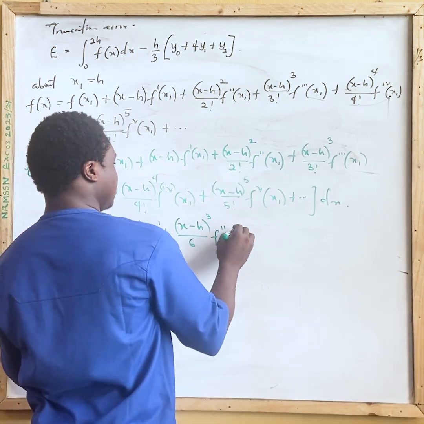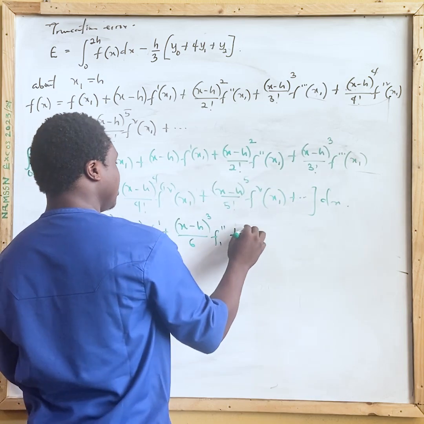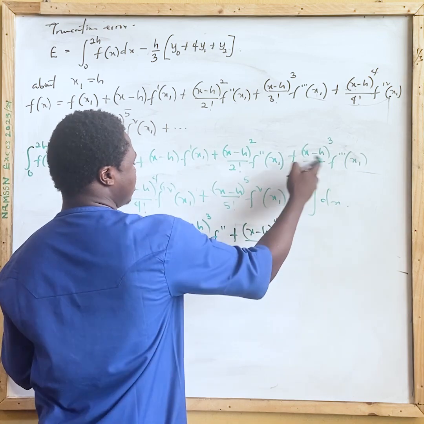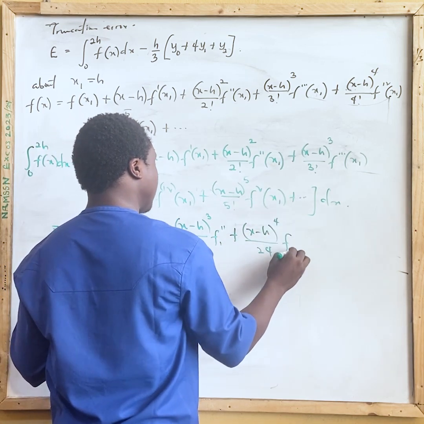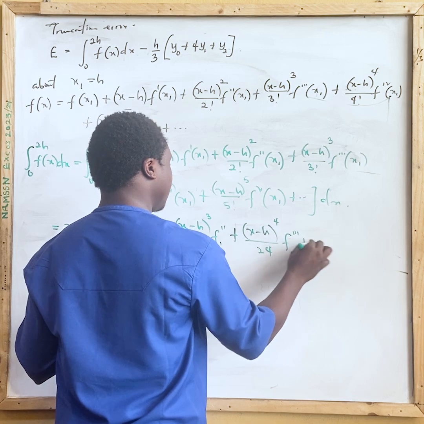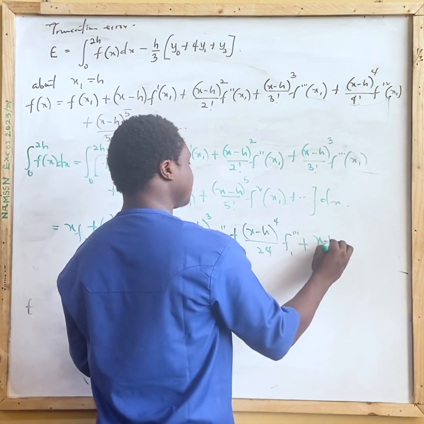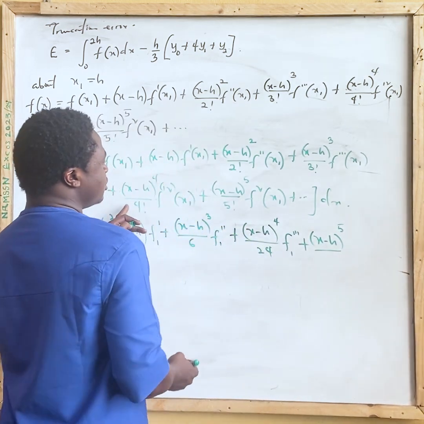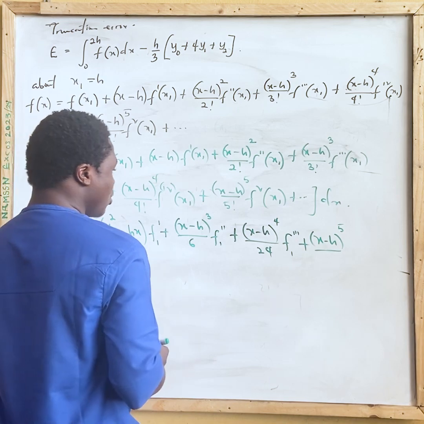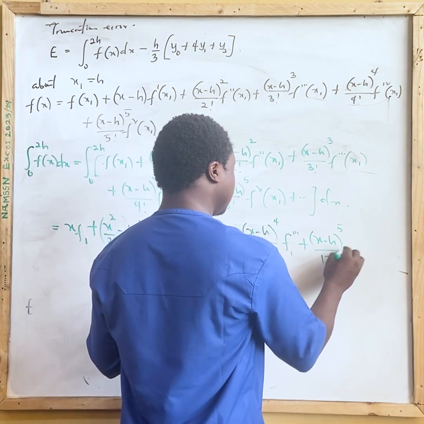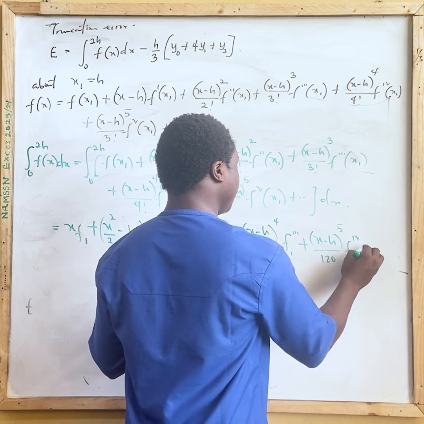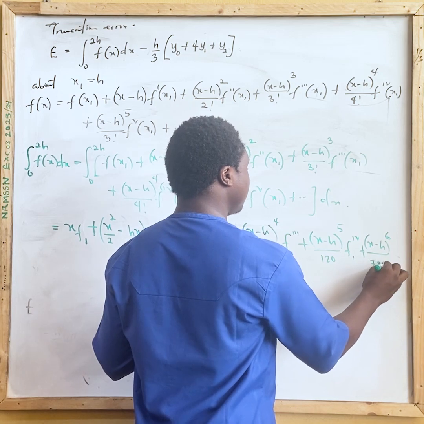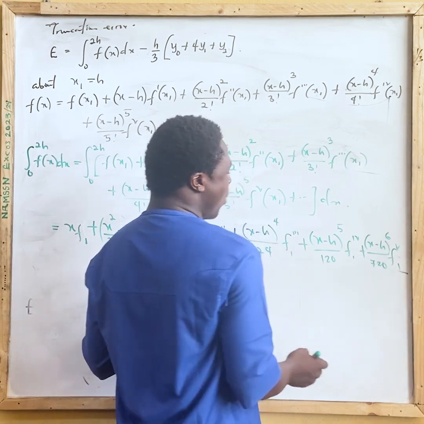So the next line will be x minus h to power 4 over 24 f1 triple prime, plus x minus h to power 5 over 5 times 24, that's 120, over 120 f1 fourth derivative, then plus x minus h to power 6 over 720 f1 fifth derivative.